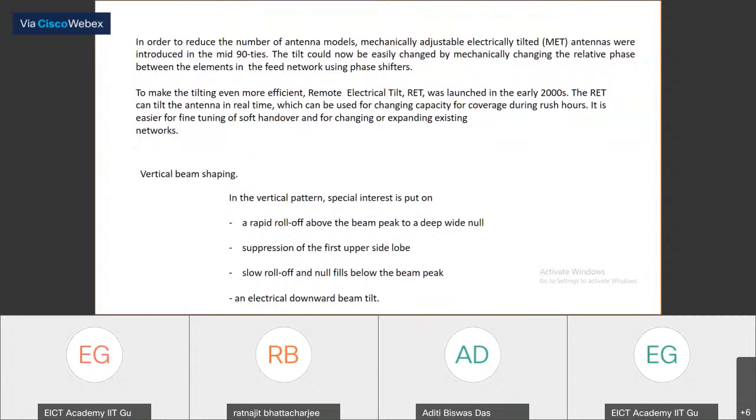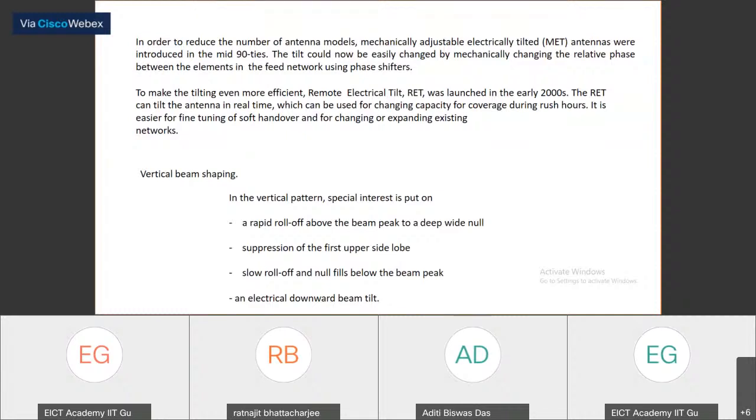Then slow roll-off and null fills below the beam peak, because the beam should not fall sharply below the peak; it should fall as slowly as possible. So we want slow roll-off and electrical downward beam tilt, and the beam tilt should be adjustable electrically.